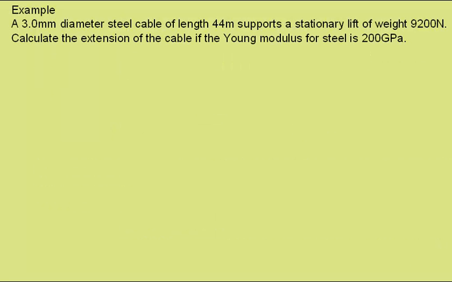Let's look at an example. A 3 mm diameter steel cable of length 44 meters supports a stationary lift of weight 9,200 newtons. Calculate the extension of the cable if the Young modulus for steel is 200 gigapascals. Well, if we first write down the Young modulus equation, then rearrange for delta L, it is equal to tension multiplied by length divided by Young modulus and the cross-sectional area.